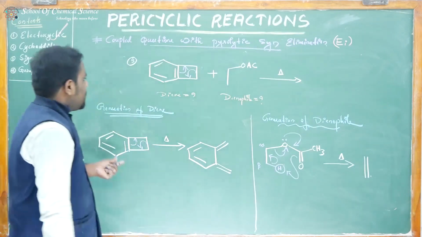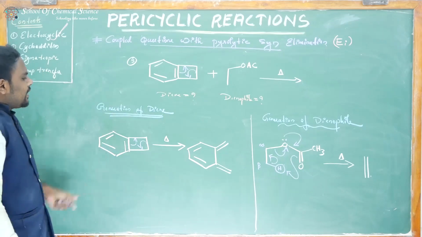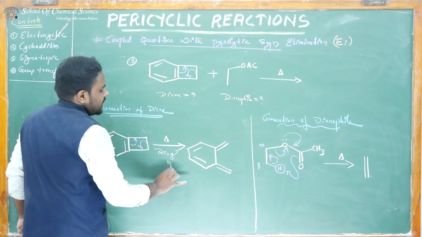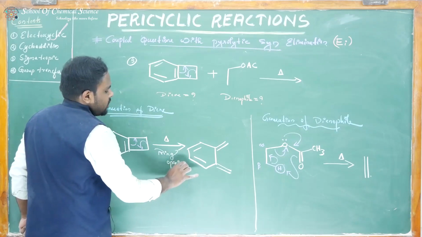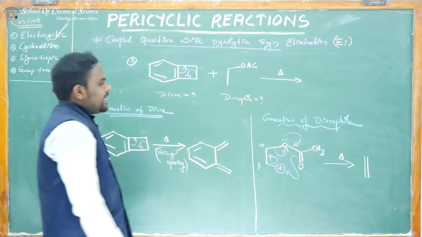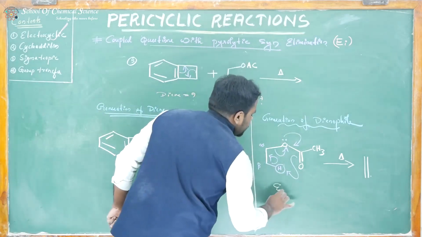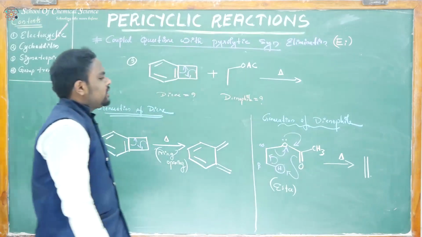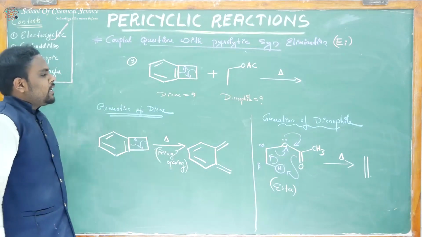So in the first step, from electrocyclic ring opening to form a diene. Then this is an ester, and under thermal condition the ester undergoes pyrolytic syn elimination to form a dienophile.